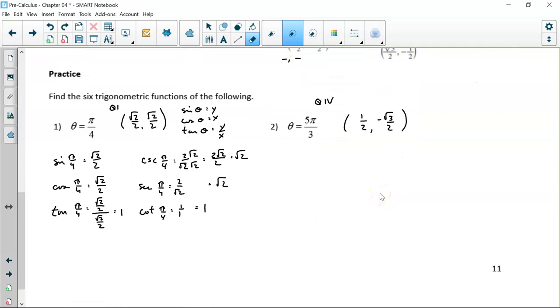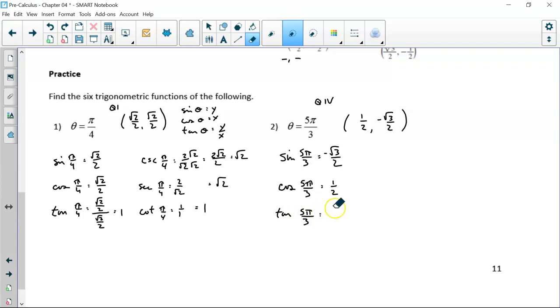That's important to know that just the y-coordinate is going to be negative. So our sine of 5 pi over 3 is the y-coordinate. It's going to be a negative root 3 over 2. Our cosine of 5 pi over 3 is our x-coordinate. It's our 1/2.